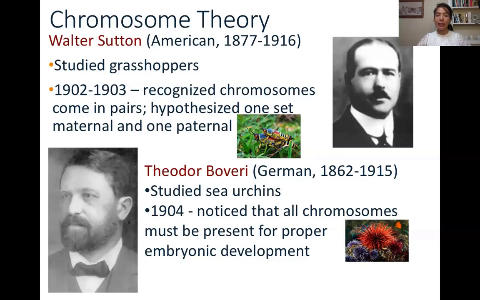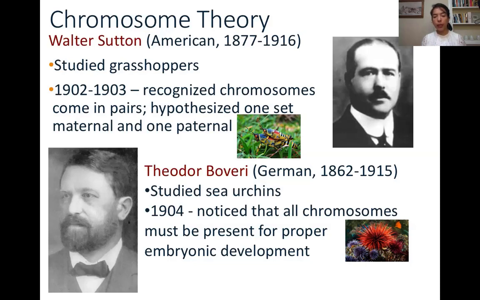They worked independently. Walter Sutton studied grasshoppers, and he recognized that the chromosomes came in pairs when he was looking at the cells of these grasshoppers. So he hypothesized that one set was maternal and the other one was coming from the dad, or was paternal.